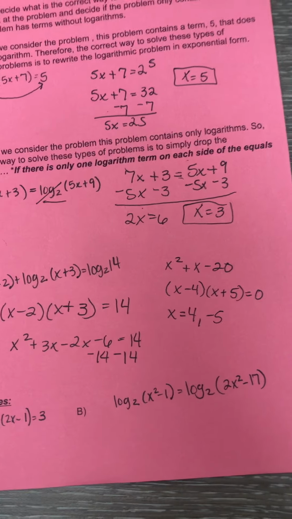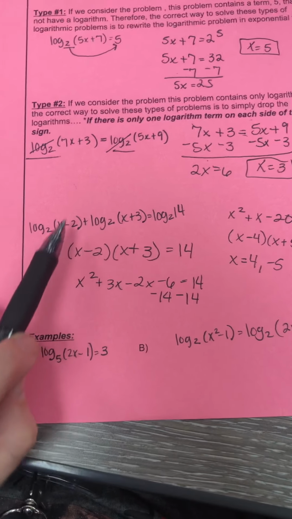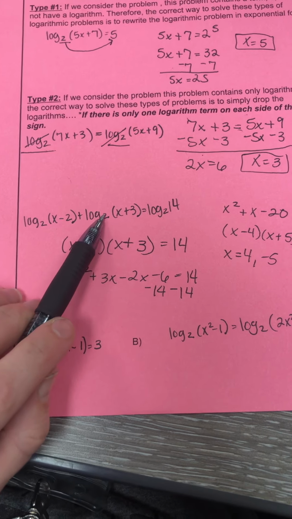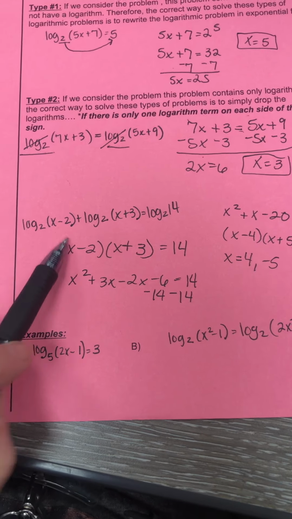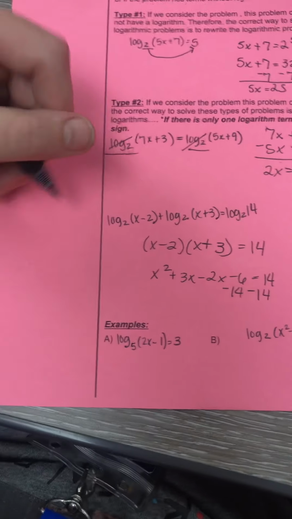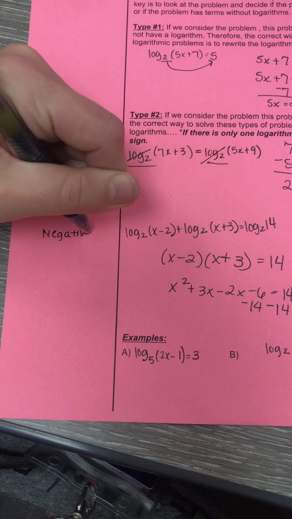Now, how to know when one will be extraneous is if we were to plug either of these x values into here. If either of these numbers is negative, then we cannot have negative logs, and that means extraneous. So I'm actually just going to make a note of that.